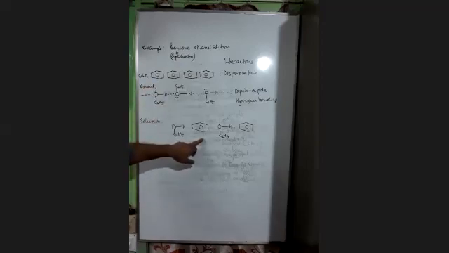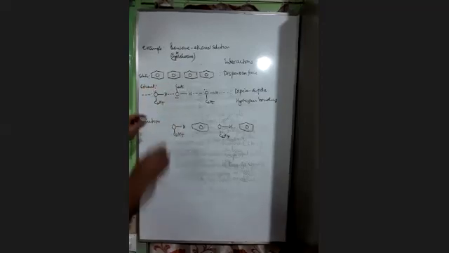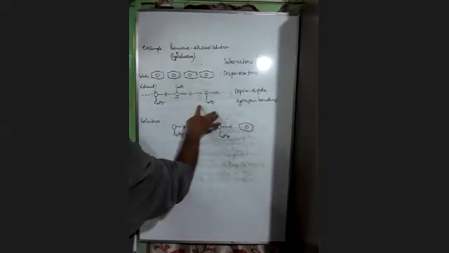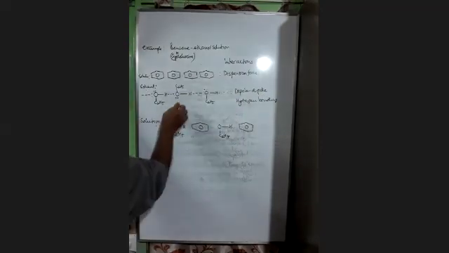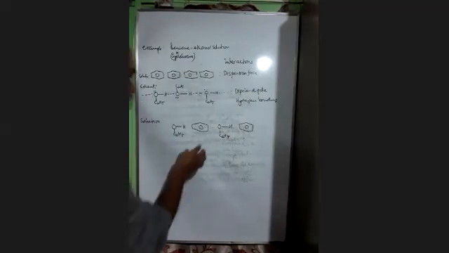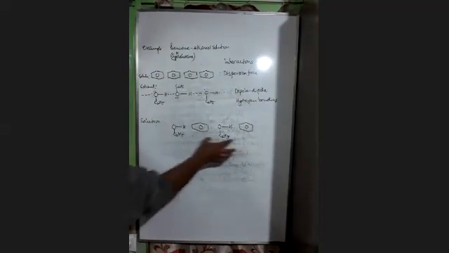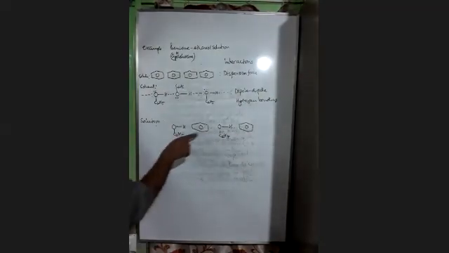See here, when this molecule has made the solution, first of all they have disintegrated, come separate. Then such strong bonding between them you have to separate. That is, you have to spend more energy. After the solution is made, alcohol and benzene, this is polar and this is non-polar. So in that case, you will find attraction is less.